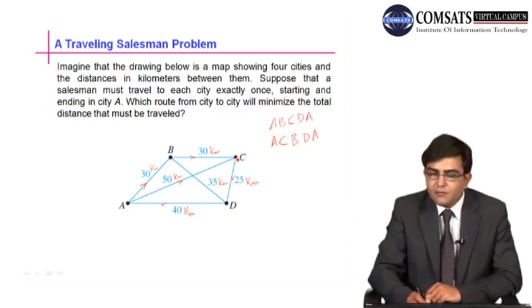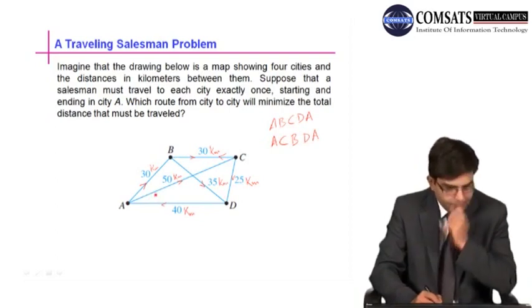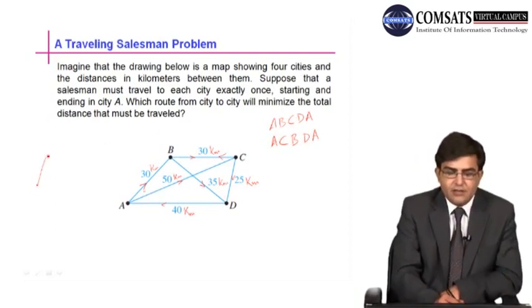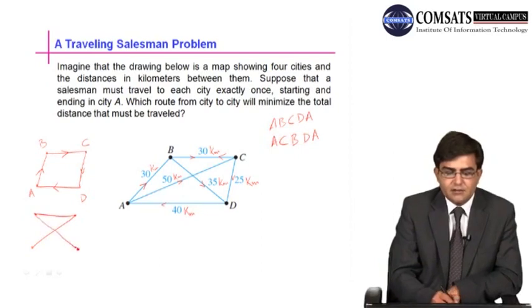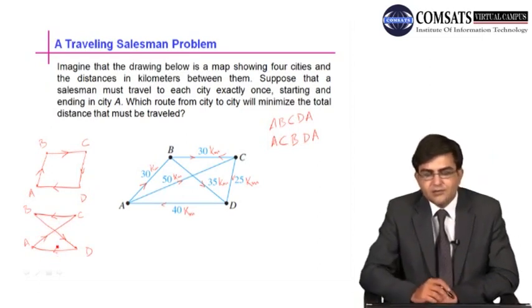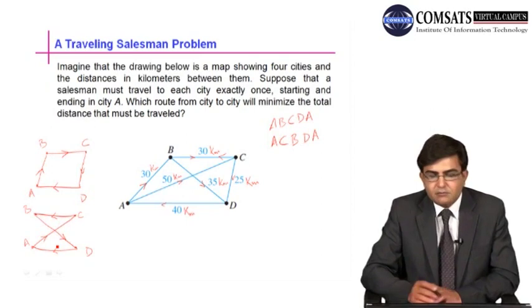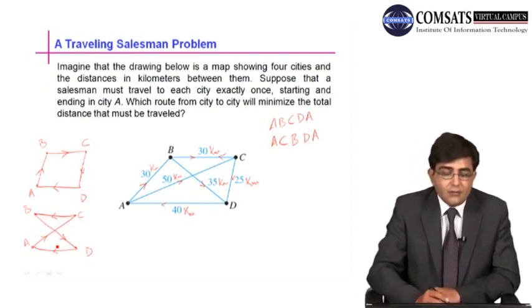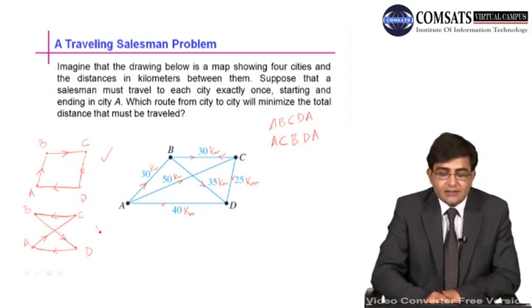In the first case he uses A to B, B to C, C to D, and D to A. In the second case he uses A to C, C to B, B to D, and D to A. So he uses all the vertices exactly once, and the edges also. So this is a Hamiltonian circuit. This is also a Hamiltonian circuit.